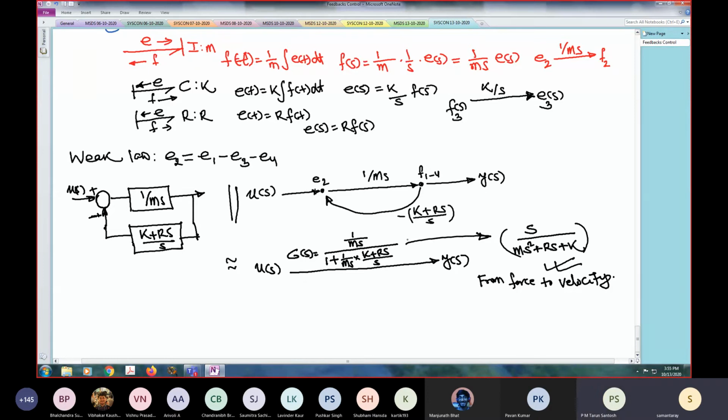So you can in fact get it from this block diagram. If you look at it, this is a causal feedback, because this K plus RS by S in fact represents a spring and a damper. So it's a physical component. So this is how a transfer function is derived.